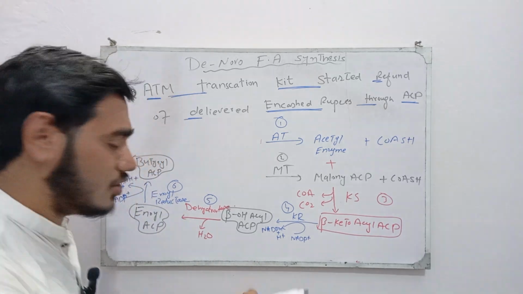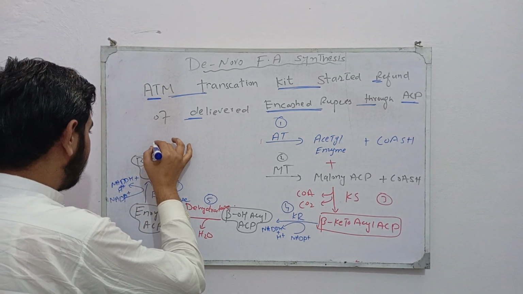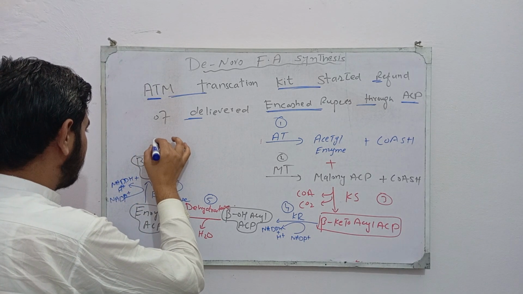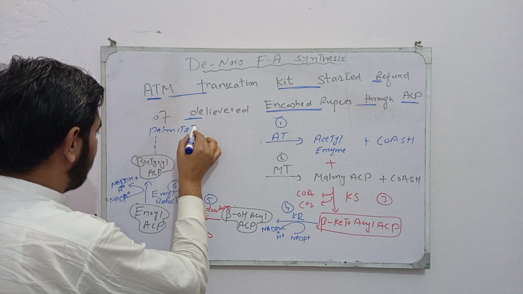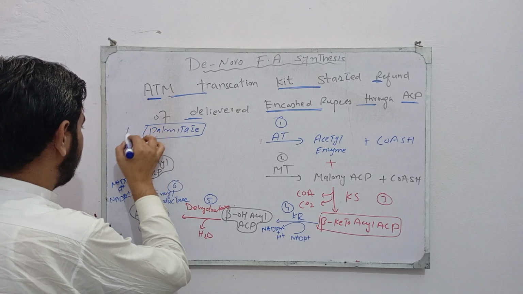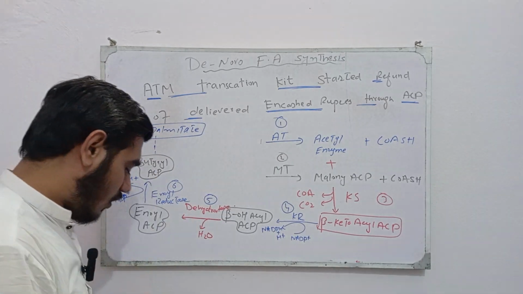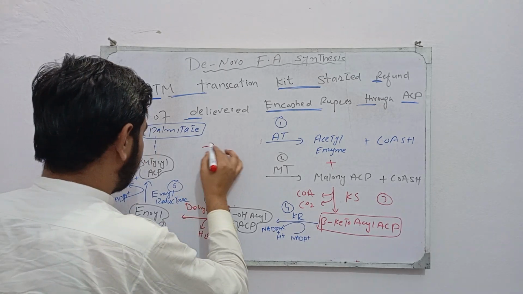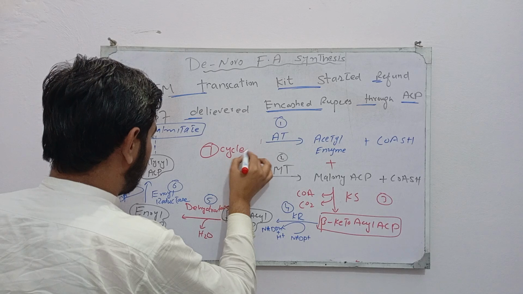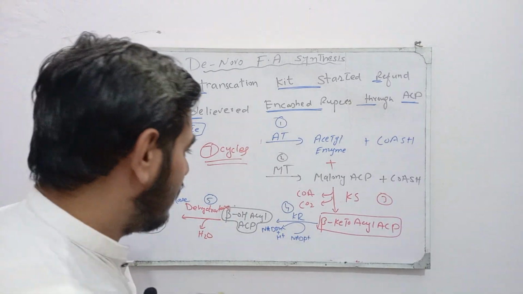So there are repetitions of 6 cycles, and at the end, this butyryl ACP converts into palmitate, which is a fatty acid containing 16 carbon atoms. It means there are a total of 7 cycles. In this way, fatty acid synthesis takes place.